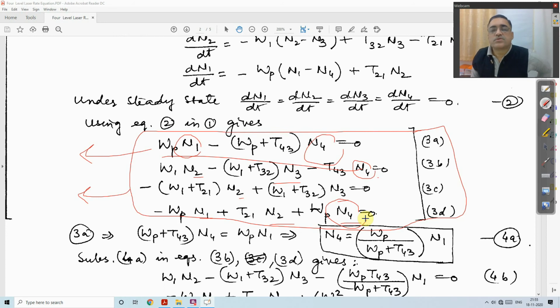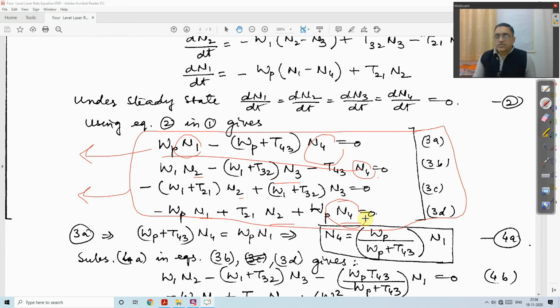So now you see, once I have N4 in terms of N1, N2 in terms of N1, N3 in terms of N2, I can represent N3 in terms of N1 also. So all are known in terms of N1.